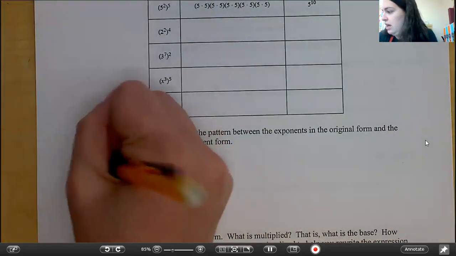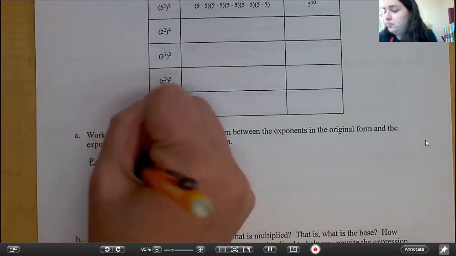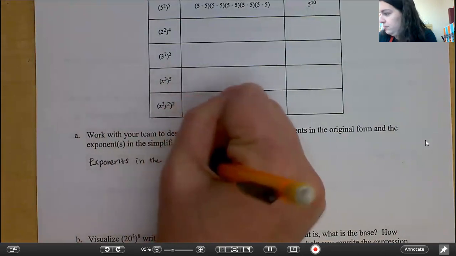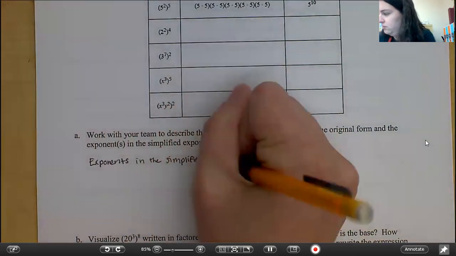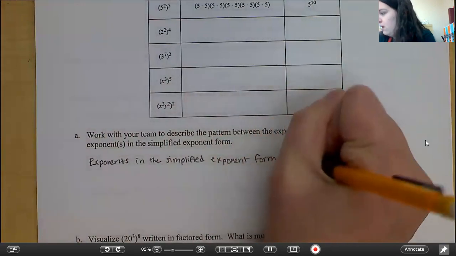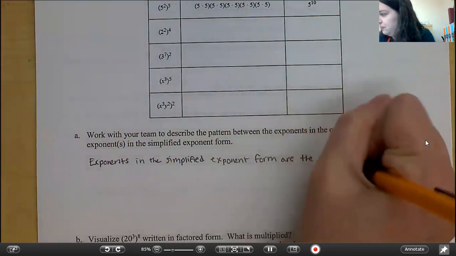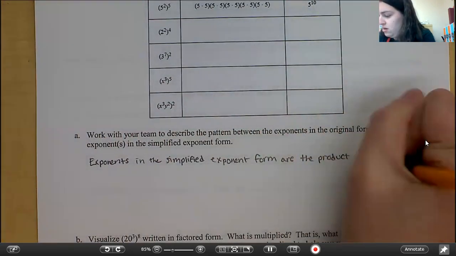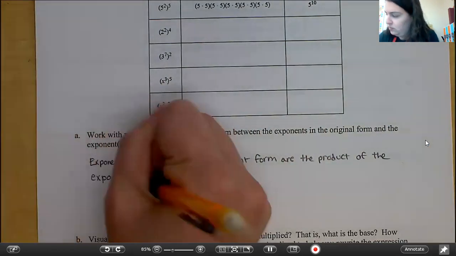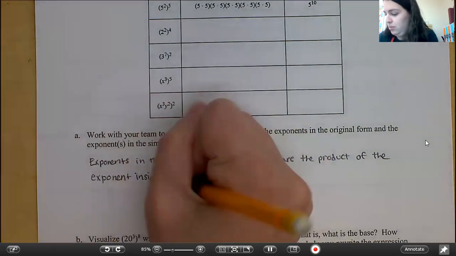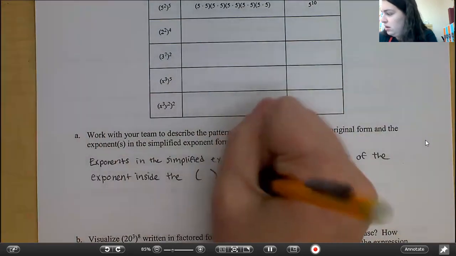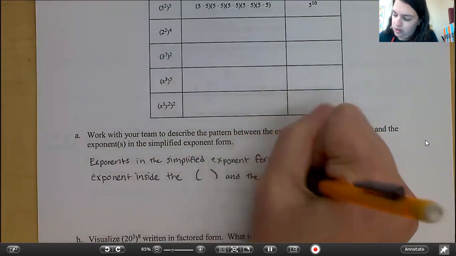So the pattern is that exponents in the simplified form are the product of the exponent inside the parentheses and the exponent outside the parentheses.